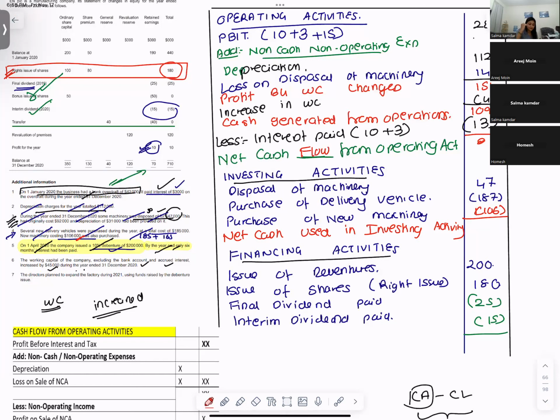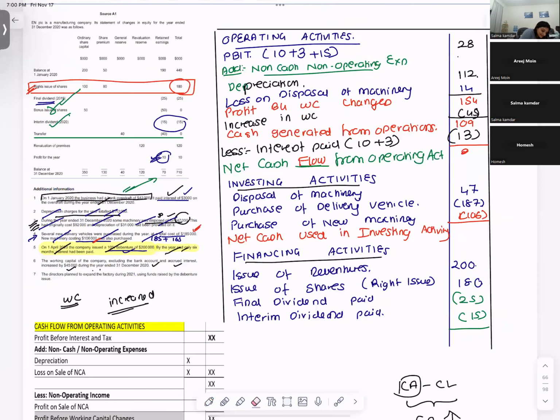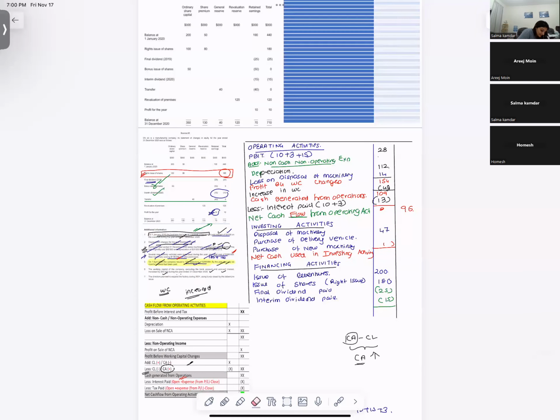This is 185, not 187, so it is 185 and this is 106.